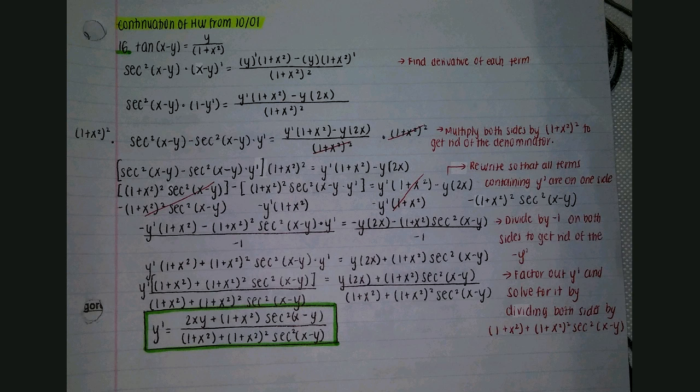From there, I divided the expression by 1 plus x squared plus 1 plus x squared, squared times secant squared of x minus y on both sides. And then I got y prime equals 2x plus 1 plus x squared times secant squared of x minus y, over 1 plus x squared plus x plus 1 plus x squared, squared times secant squared minus secant squared of x minus y. Great.